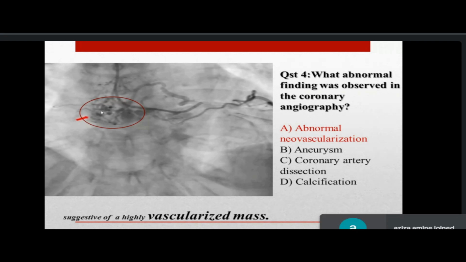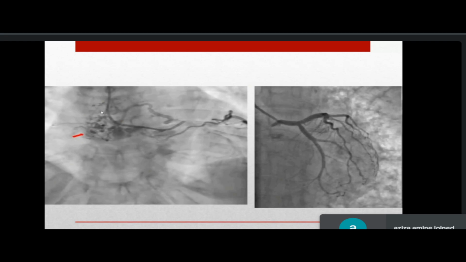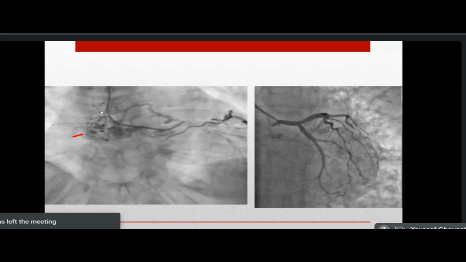Sorry. I put here two different coronary angiographies to show you the difference between a normal coronary angiography and a pathological one, which shows a neovascularization.